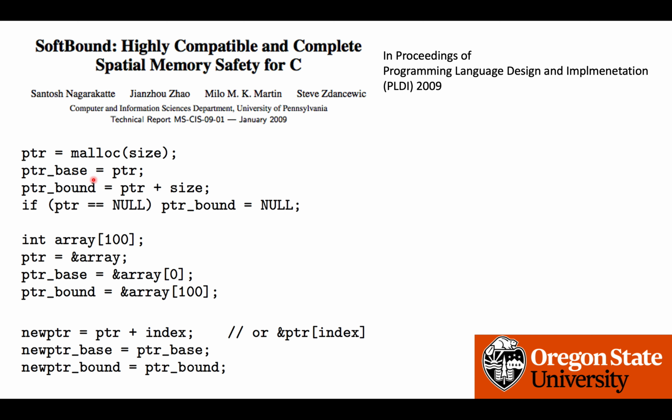In the paper, you can see the rules that we learned, assigning the pointer and base and bound at the same time as the pointer assignment. So we can carry this triplet of information, pointer, base, and bound, as a fat pointer, and then propagate this information whenever we have a pointer assignment or pointer arithmetic.